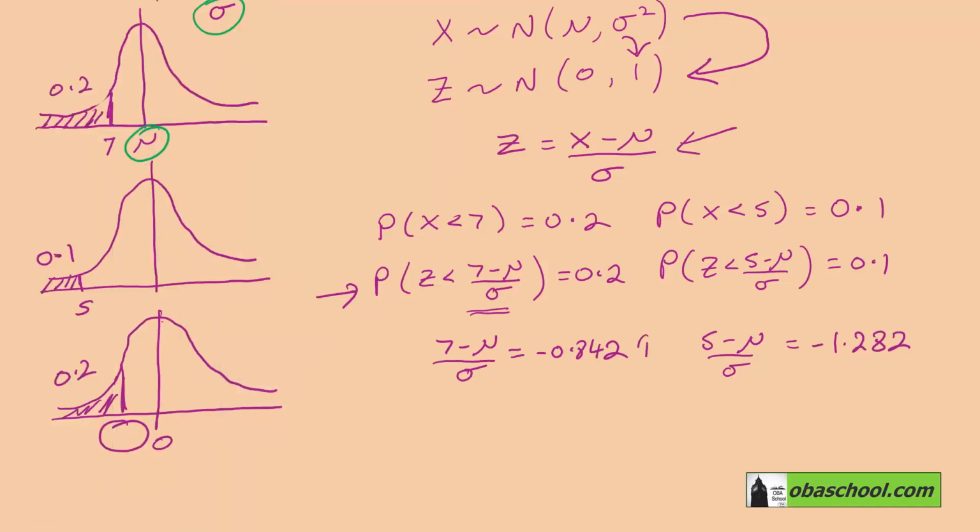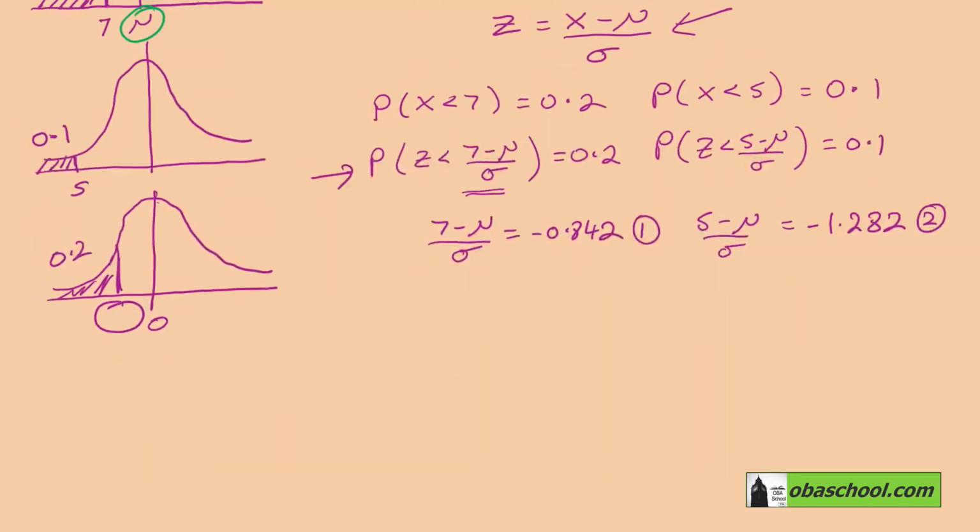And then these are simultaneous equations. So I have 7 minus mu is negative 0.842 sigma, and I have 5 minus mu is equal to negative 1.282 sigma.